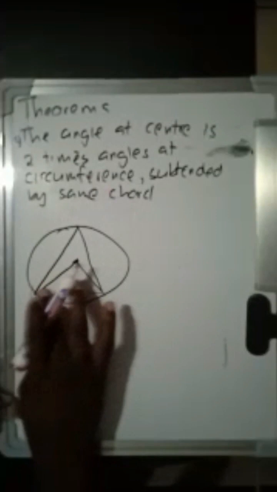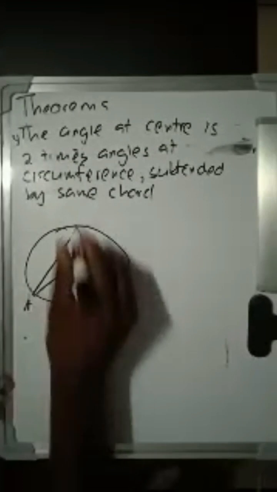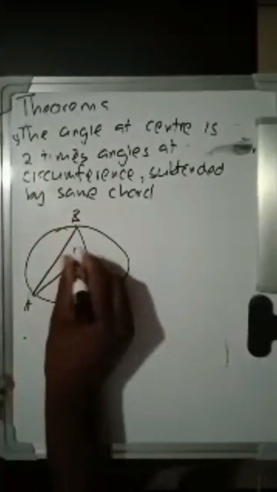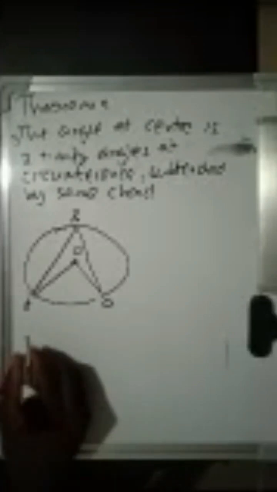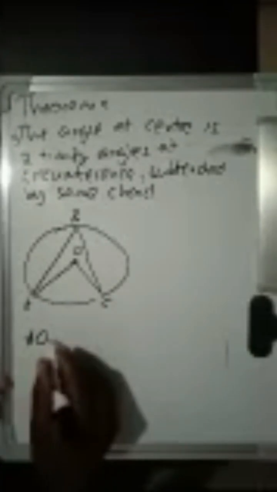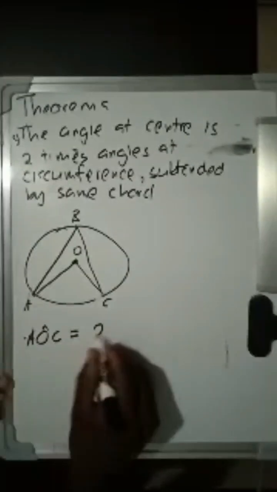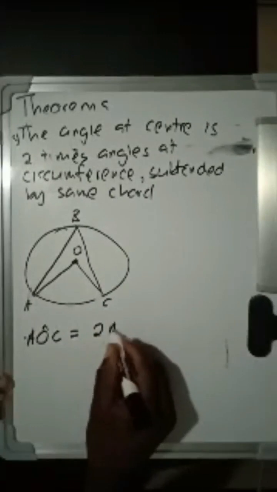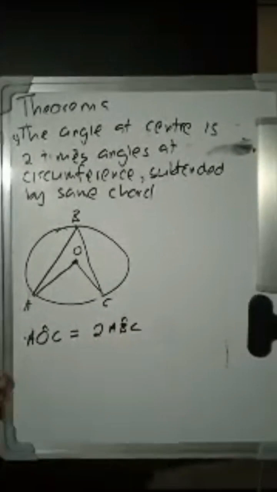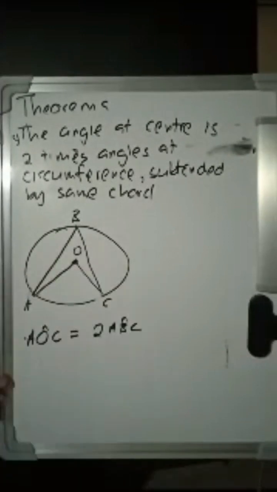If I name these angles A, B, C, then this one is O. It means that angle AOC is equal to 2 times angle ABC. So this one is twice that one.